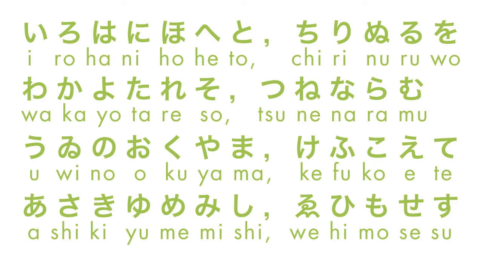If you heard me stumble over some words, there are some that are a little bit difficult to say, and there are some that are actually not in modern Japanese. For example, wi, that's not in modern Japanese. That has become archaic. There's also we. Wi and we are not in modern Japanese.